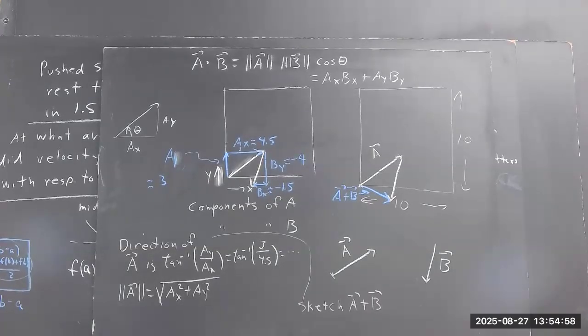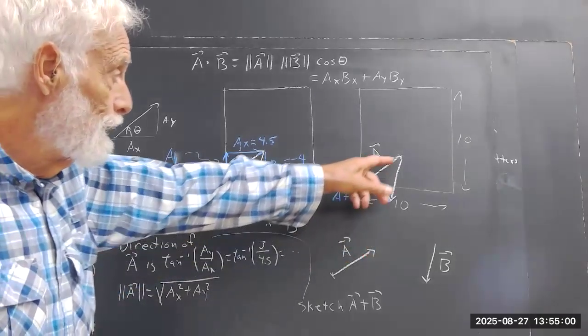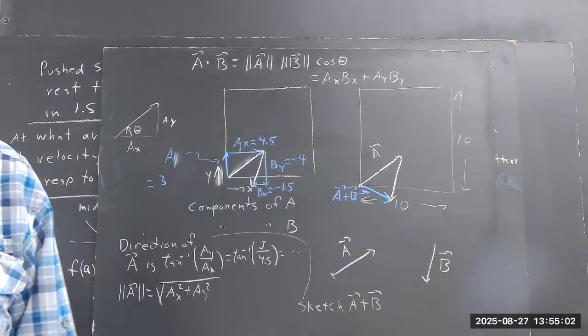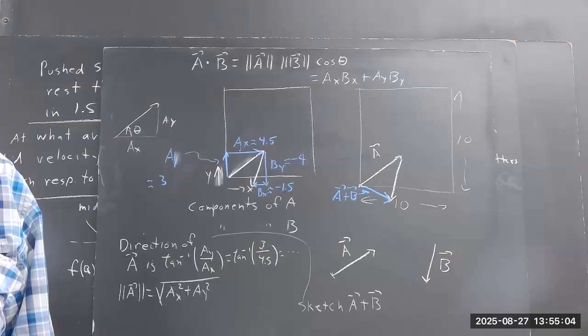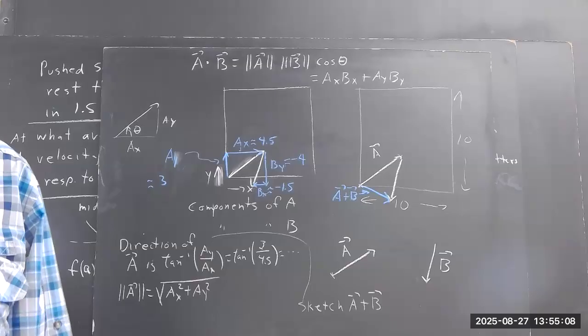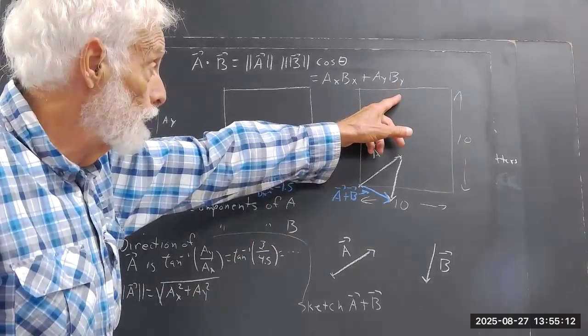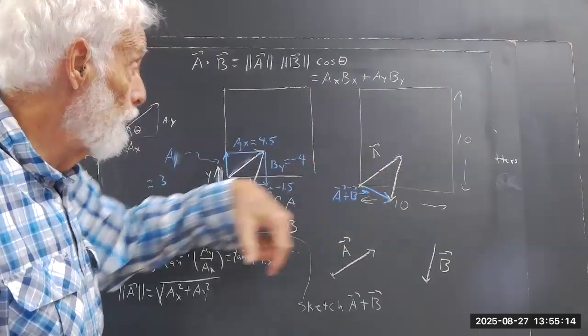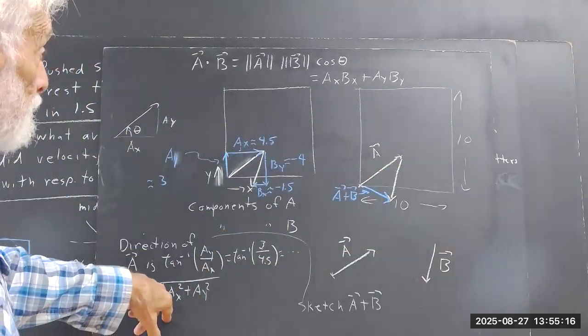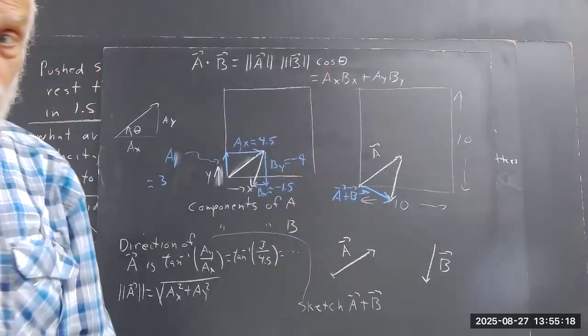So you could make good estimates of the components of B, right? And you could calculate that dot product based on your estimates. And once you know what the dot product is and know how long A and B are, which you can calculate from this, you can calculate the angle.